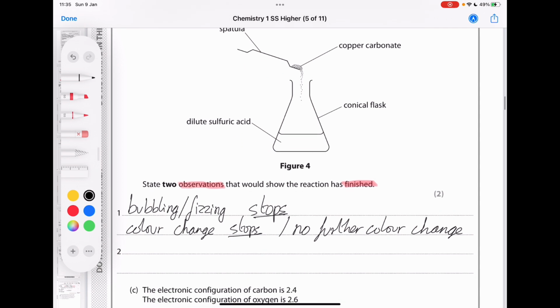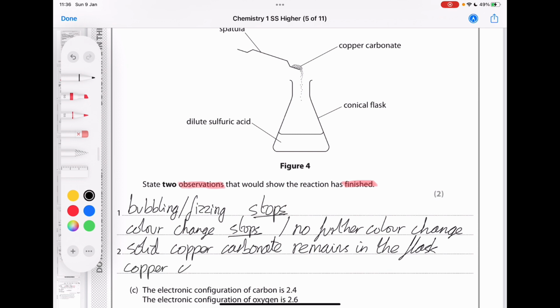Or we might say that solid copper carbonate remains in the solution. Or we could say that the copper carbonate stops dissolving.